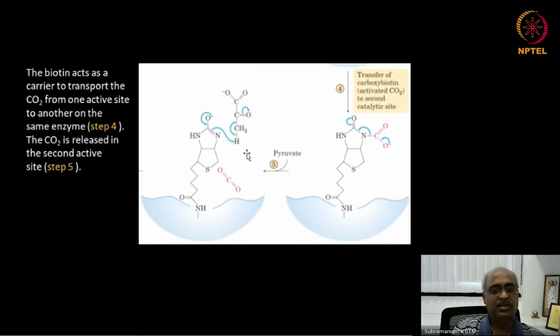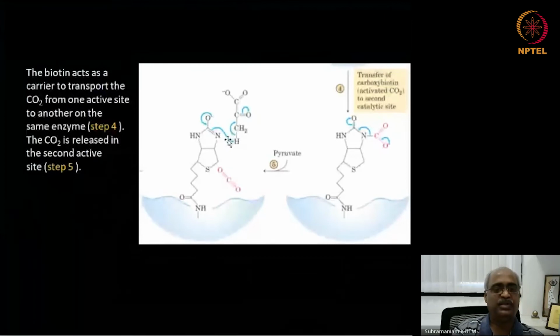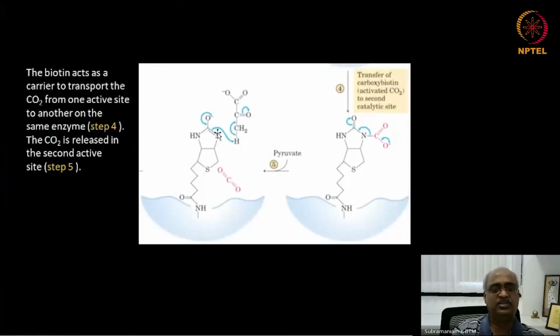Now in that site the pyruvate is converted into its enol form by abstracting a proton here by this nitrogen. So this ring abstracts this and converts it to a C double bond, and this will be a hydroxyl group. So the electron goes here, the proton is abstracted by this, and the enol form is stabilized.